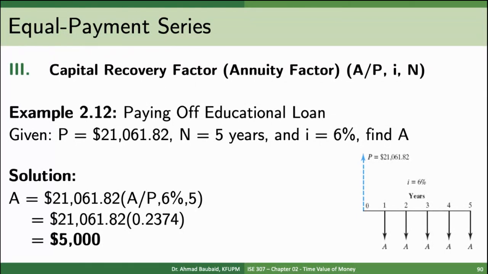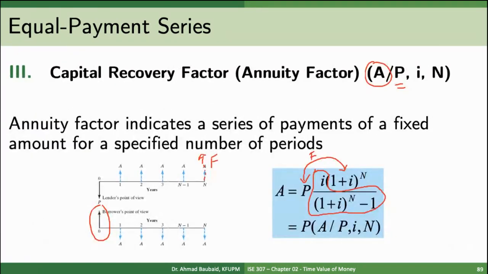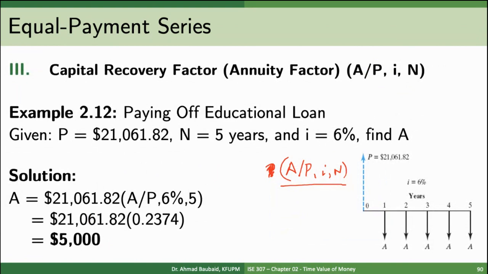Actually, no, we want to find A. Sorry. So we want to find A given P, and I and N, of course. I can just find the formula, which is exactly what we've seen here, and plug in, and I will get $5,000. That's how much I should set aside.